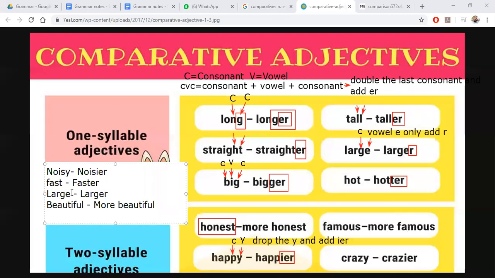What is the comparative of angry? Very good. You're killing it, guys. Excellent.